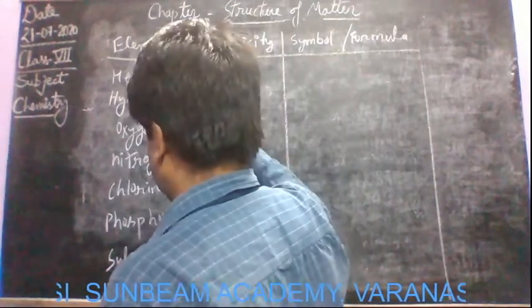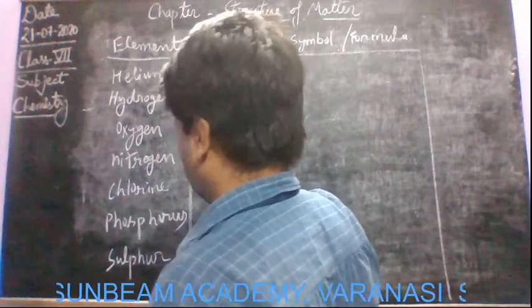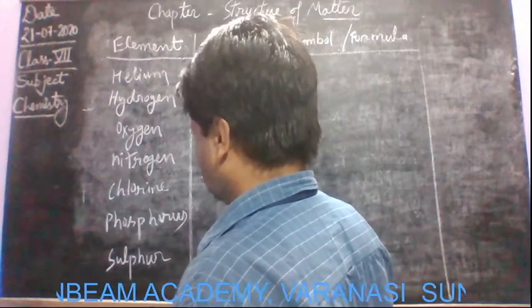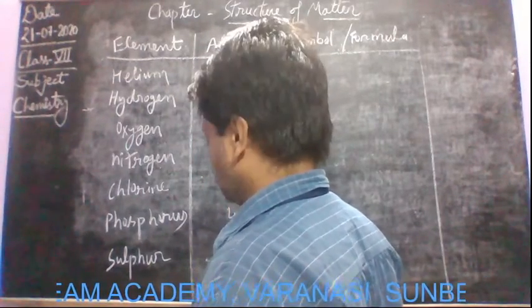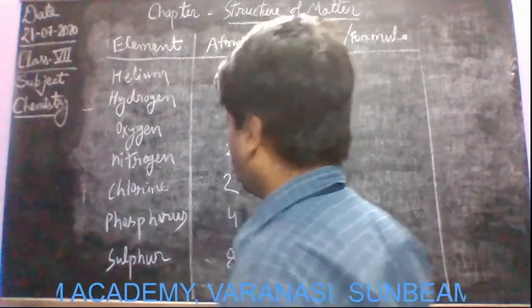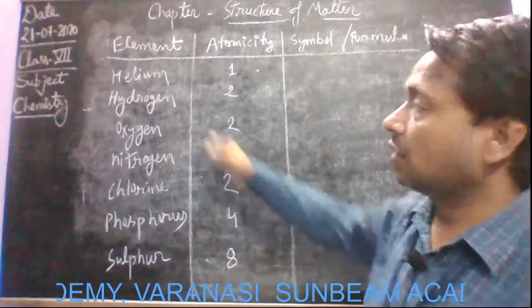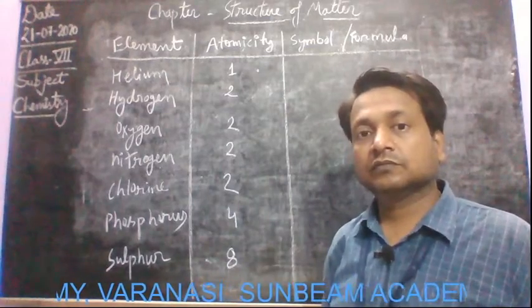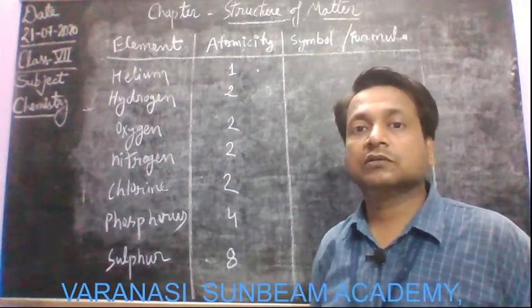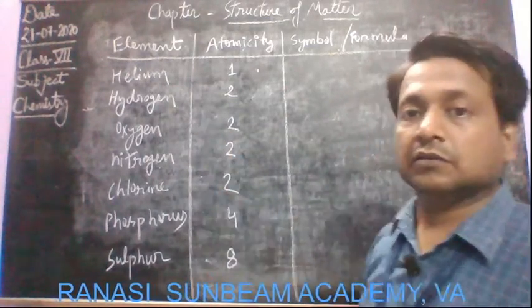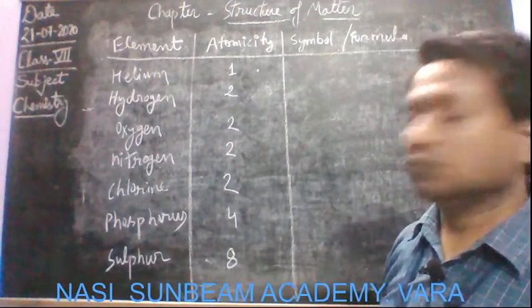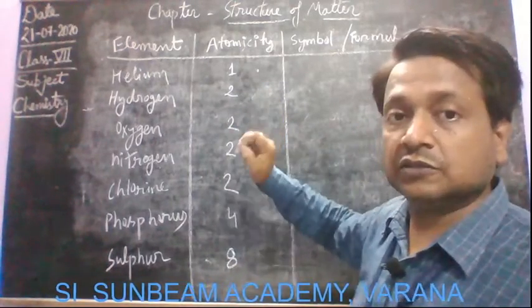Oxygen, nitrogen, chlorine, phosphorus, and sulfur have these atomicities because they are found in molecules formed with this number of atoms.